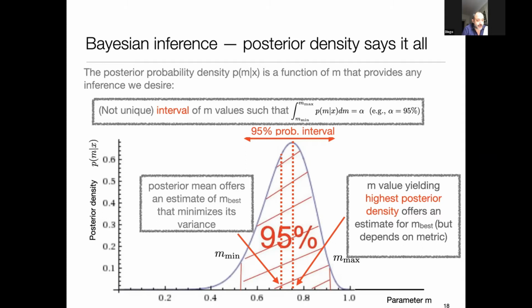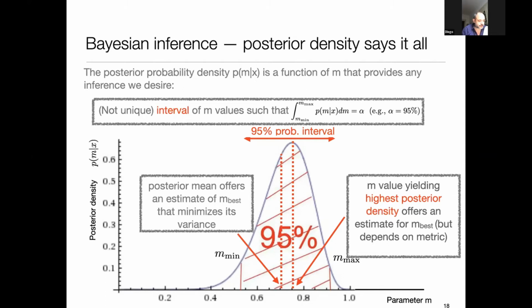Or you can take the peak, the value of M where this distribution peaks, to get the highest posterior density as the most probable value. But remember what we said yesterday, that the mode of a distribution is just a matter of the metric. So you change the metric and the mode changes. Or you can take an interval.